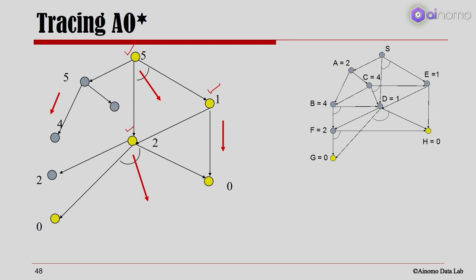The AO star algorithm can be best looked at as 2 intertwined processes: a top-down graph growing process that arrives at partial solution graphs, and a bottom-up cost revising, connector marking, solve labeling exercise that lets us move from the solution set to the parents one after another, marking them as solved until we reach the start node S and mark it as solved, arriving at the solution of the AND/OR graph.